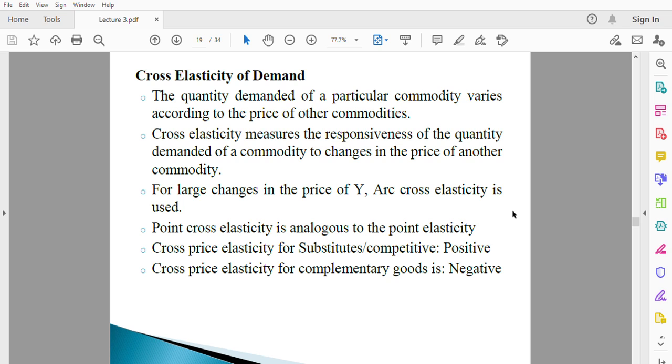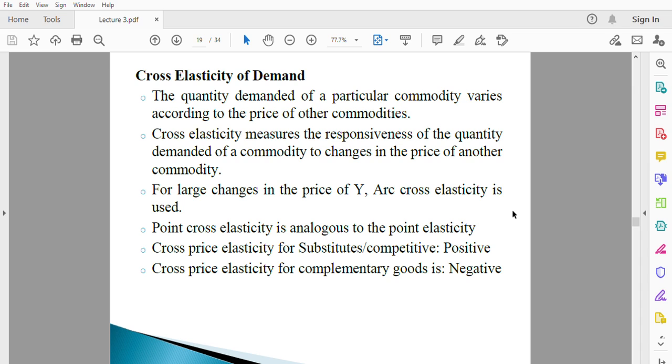So they will decide to use other means of illumination, like a lantern, or even buy a bulb, a rechargeable lamp, or something. Now, the price of torchlight, which is the commodity in question, has not changed, but because the price of the complement has changed, it has affected the quantity demanded of the commodity in question.